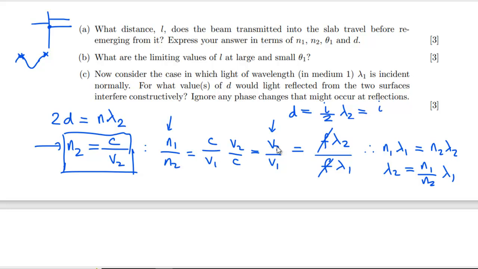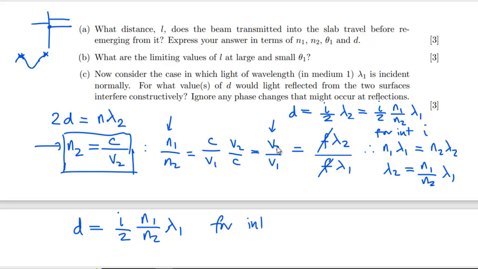So we're saying I over 2 n1 over n2 lambda 1, for integer I. So this is where we've ended up. I'll write that out a bit clearer: d is equal to I over 2 n1 over n2 lambda 1 for integer I.